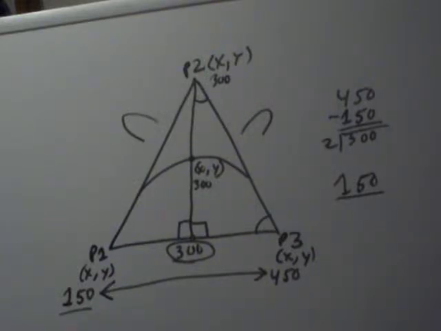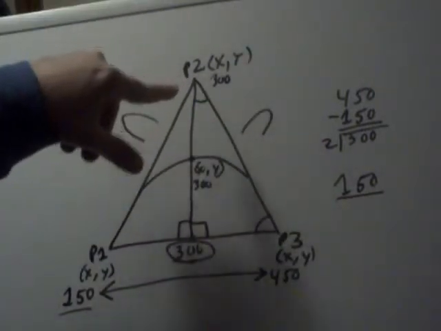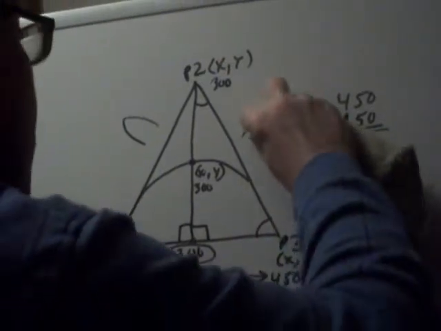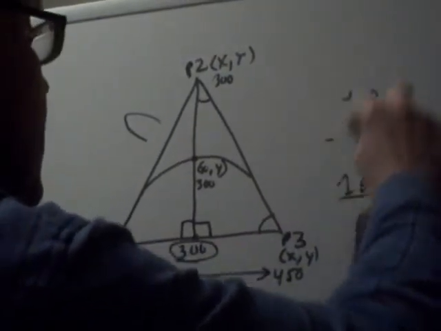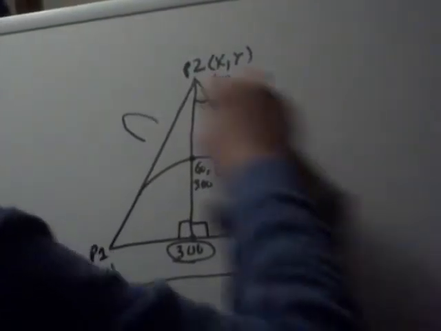Now you say, well, wait a minute, what would happen if instead of the triangle being straight up like this, let's erase all that.